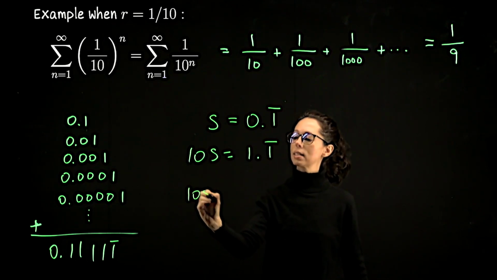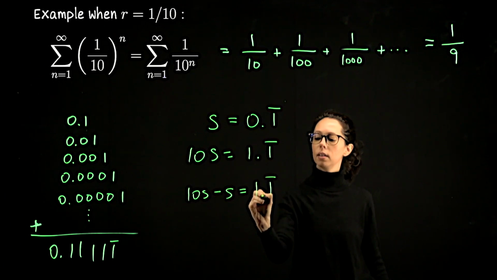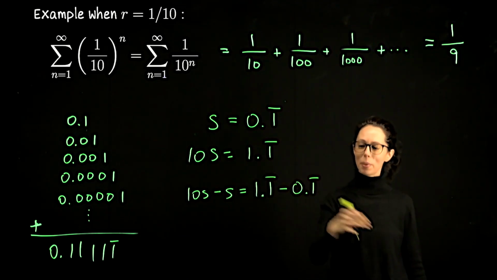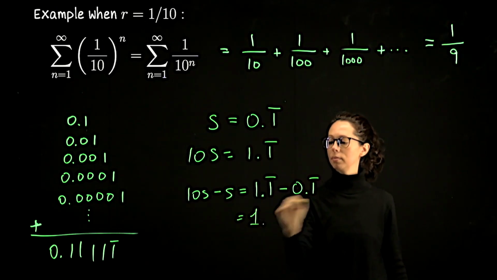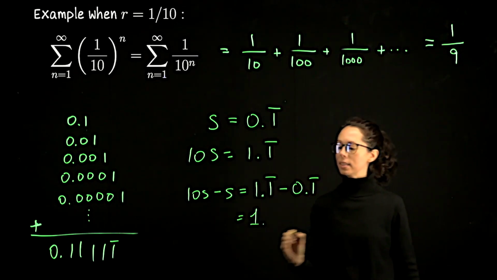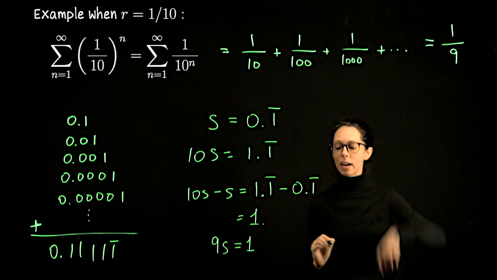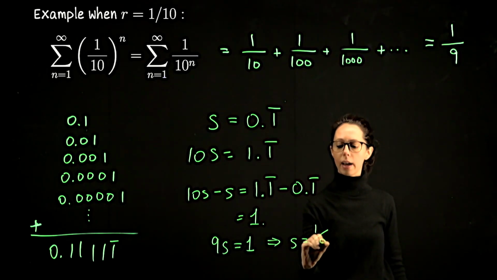So 10S minus S is 1.1 repeating minus 0.1 repeating. The repeating part cancels, and we're left with just 1. That means that 9S equals 1. And that's how I got that the sum of this geometric series is 1 over 9.